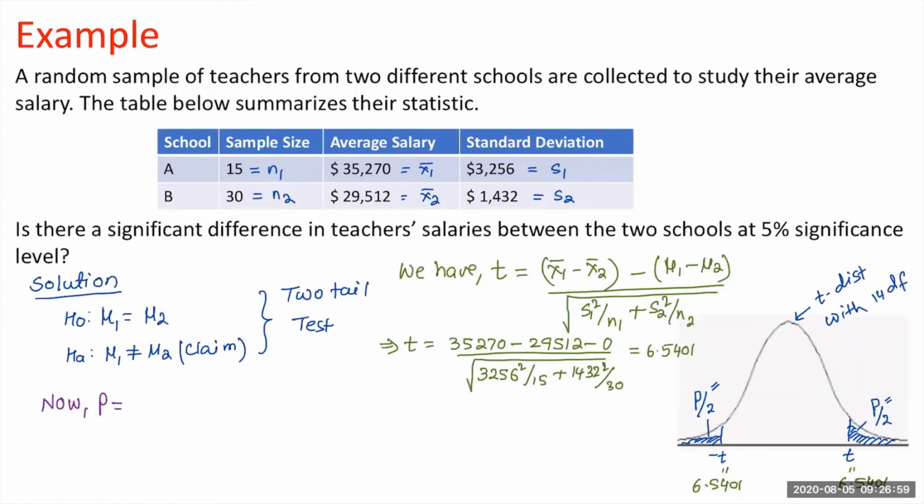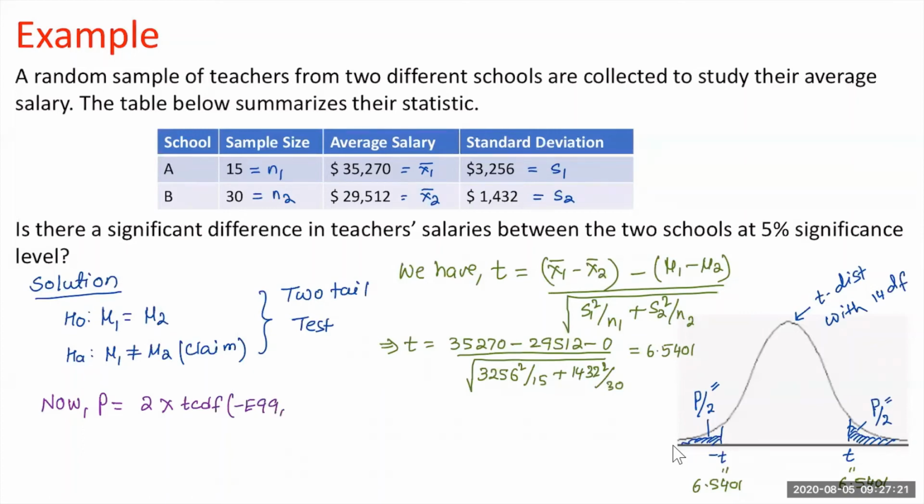Now your p value is 2 times this area, but this area is given by TCDF in your calculator. Lower limit here is negative infinity, so negative E99.